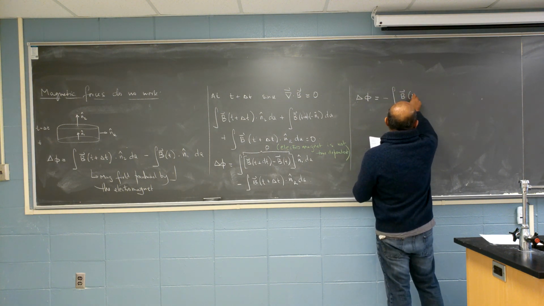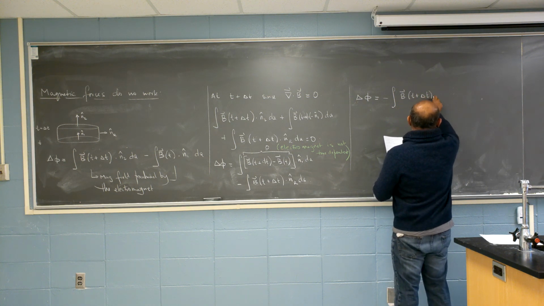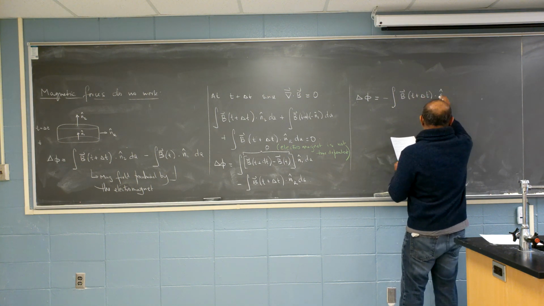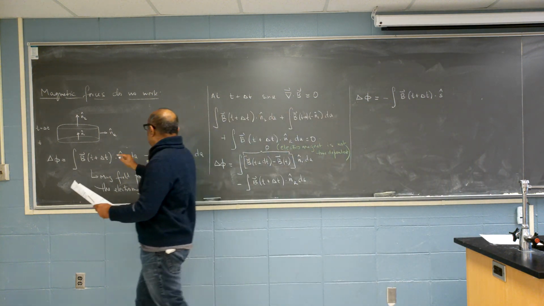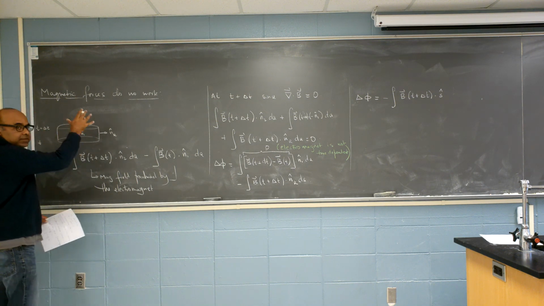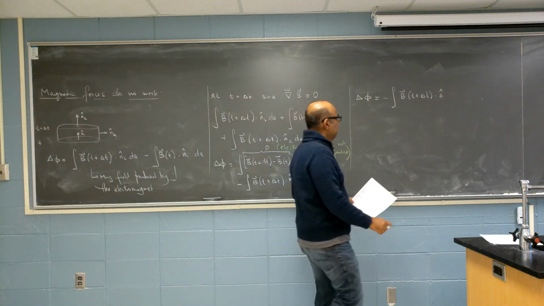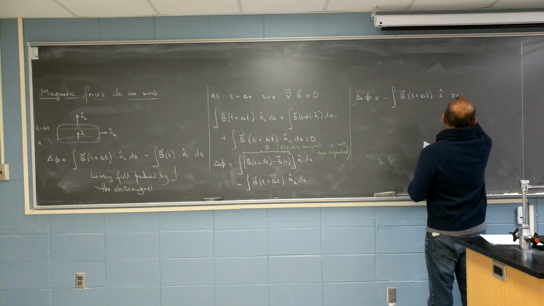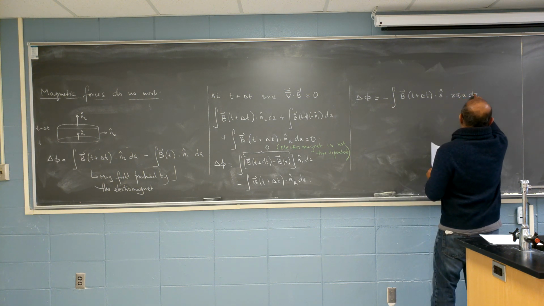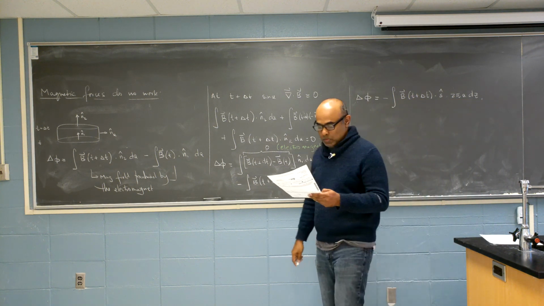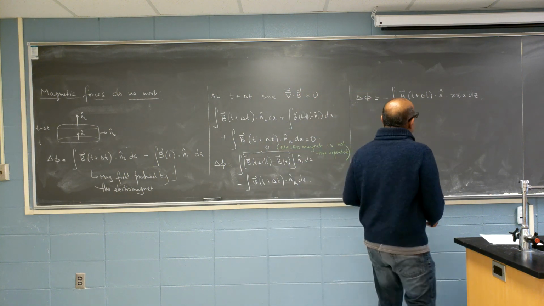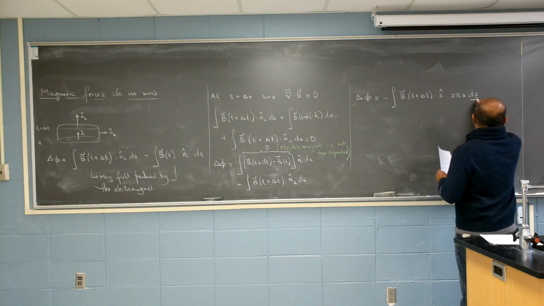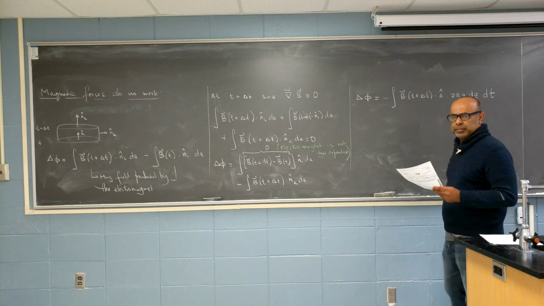And so this is B of t plus delta t. We know the normal direction, it's s hat. It really shouldn't matter. And times the area of this cylinder, it is 2 pi a dz. I'm going to write this as dz dt dt.